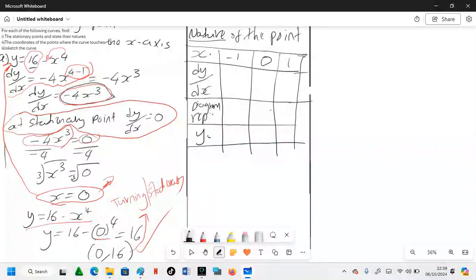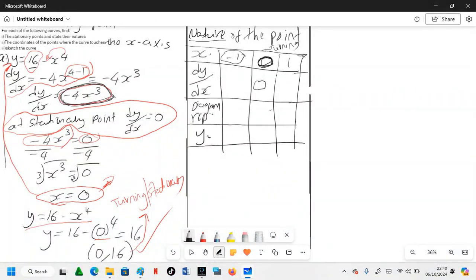So what you just need to do is substitute our 0 here, for example, in the dy dx equation, and then you get the value of dy dx. And I expect the value of dy dx to be 0 here, because remember this is our turning point, and at the turning point, dy dx must be equal to 0. So our only job is to get the neighborhood.